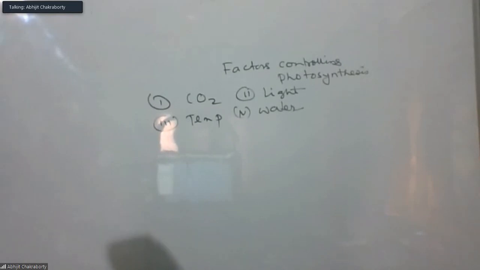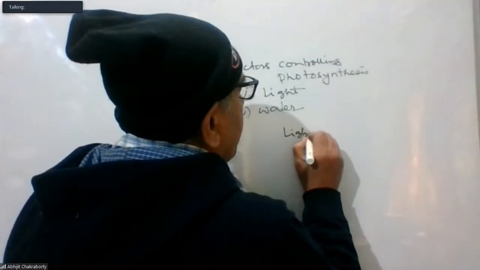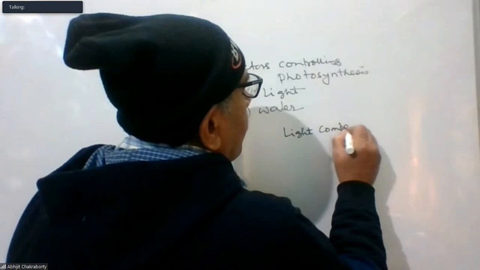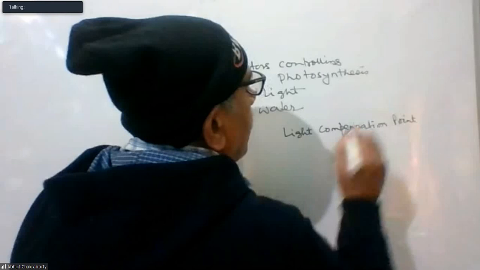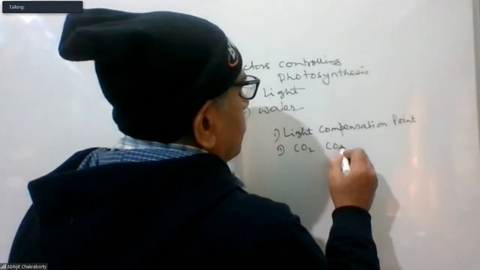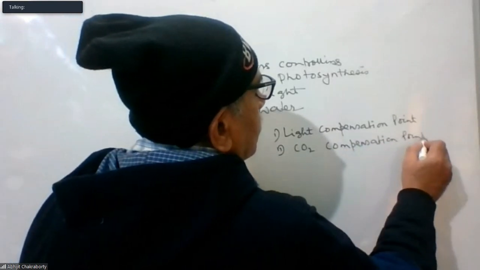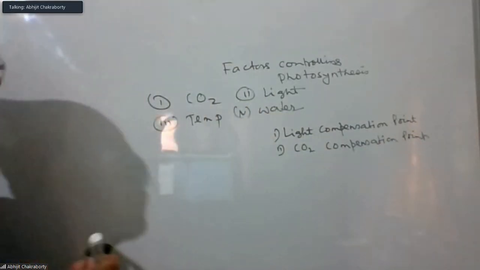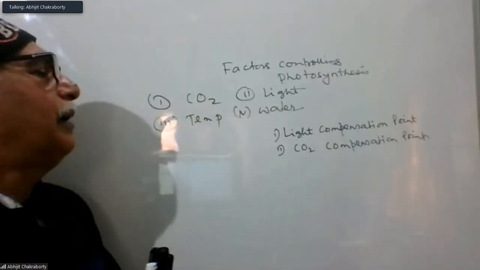And you know, the most important thing here, whenever we discuss carbon dioxide, there are two things you need to remember: light compensation point and carbon dioxide compensation point.